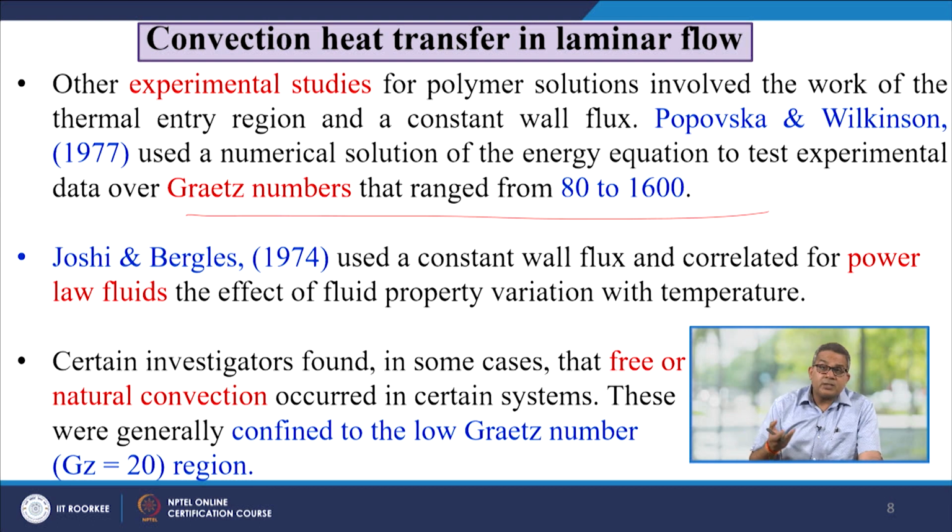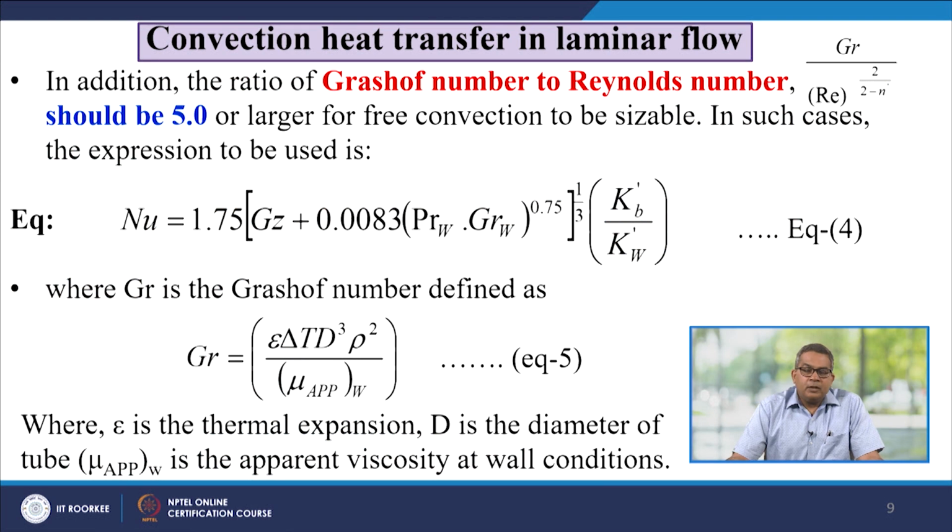Certain investigators found in some cases that free or natural convection occurred in certain systems, and these are generally confined to low Graetz numbers, around 20. In addition, the ratio of Grashof number to Reynolds number should be 5 or larger for free convection to be sizable.